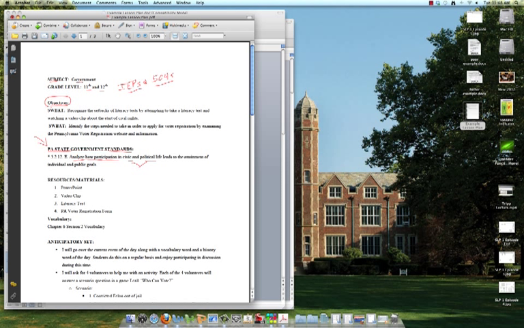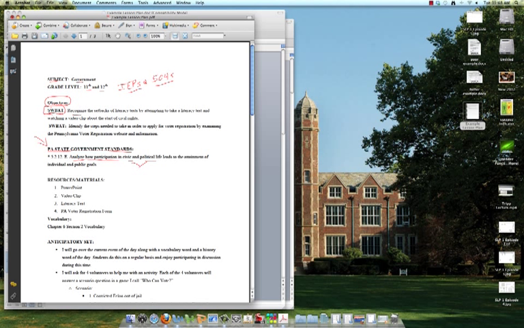So let's take a look at this. Students will be able to, so by the end of class, students will be able to recognize the setbacks of literacy tests by attempting to take a literacy test and watching a video clip about the start of civil rights. That really doesn't fully connect with this standard here.